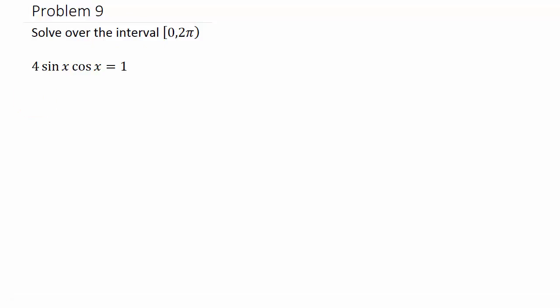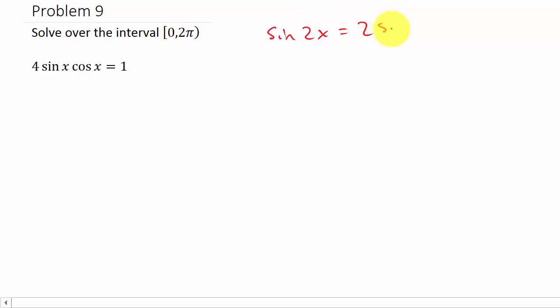Well, if you recall, one of your double angle identities says that sine 2x is equal to 2 times sine x times cosine x. If you notice, this is 2 sine x cosine x, and I have 4 sine x cosine x.